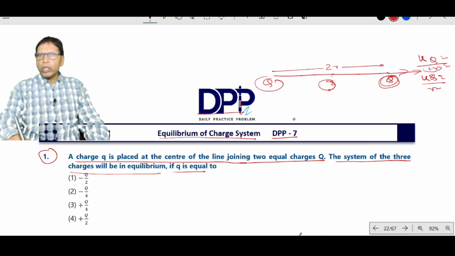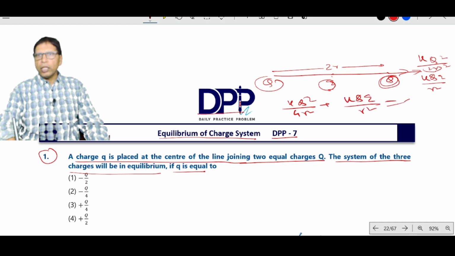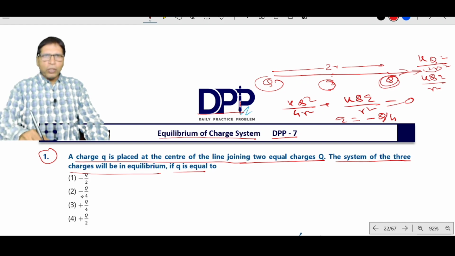So net force on capital Q is 0. So K Q square by 4r square plus K Q q by r square equals 0. So small q equals capital Q by 4. Look at the options. Option 2 is correct.